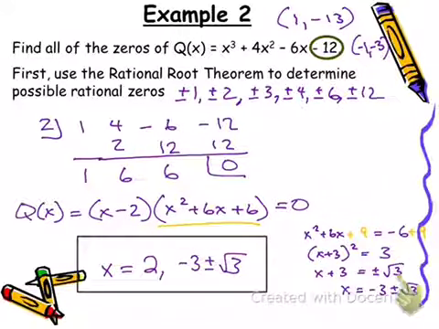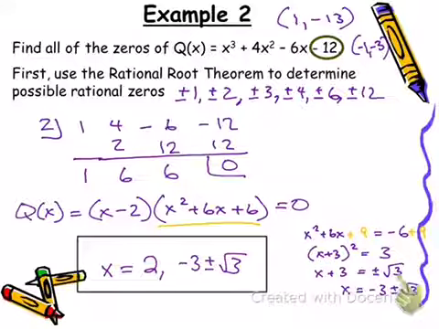Now, if I was sketching the graph, those irrational x-intercepts, I could use a calculator to approximate where they are. -3 plus the square root of 3, -3 minus the square root of 3, and 2 are my x-intercepts. What's the y-intercept of this graph? -12 is the y-intercept, and I've got those other 2 points that I could use to give me a pretty good idea of what the graph is going to look like.